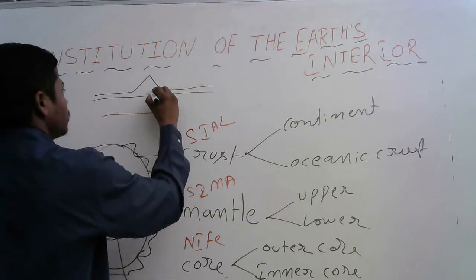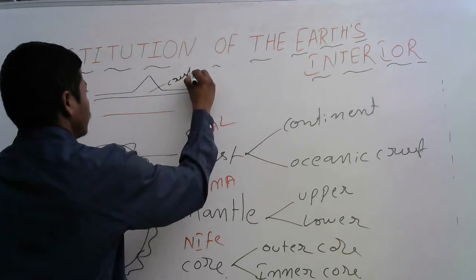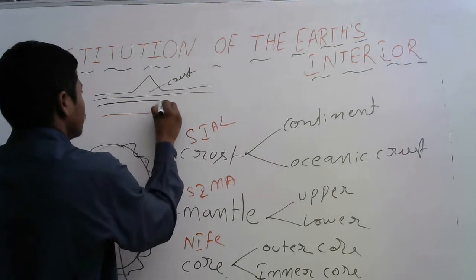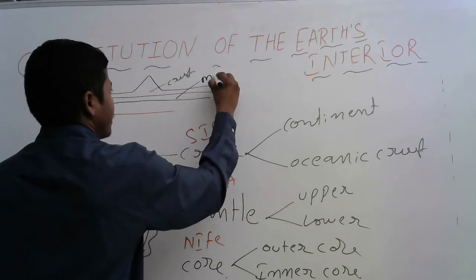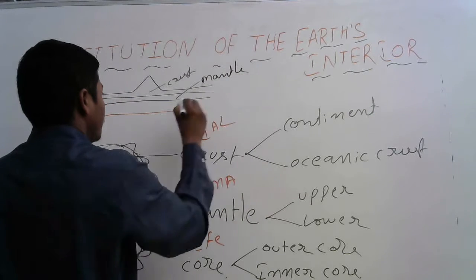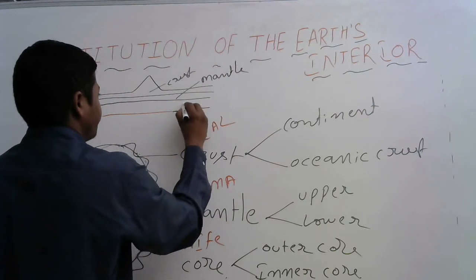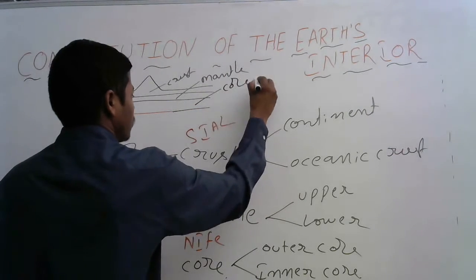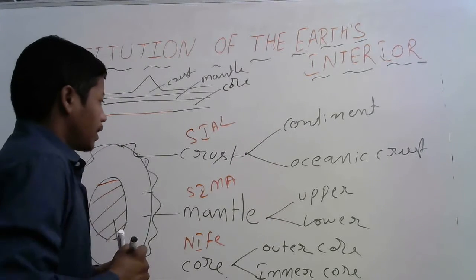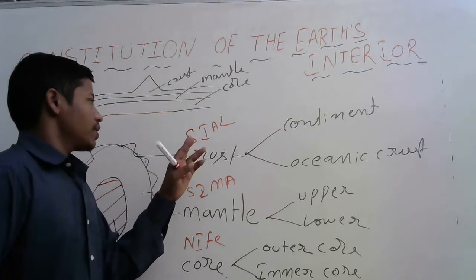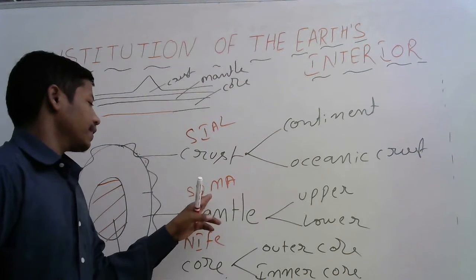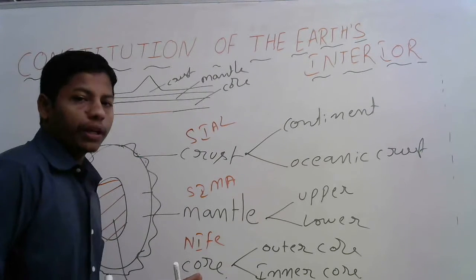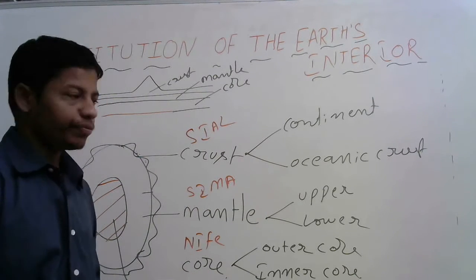This is the crust, mantle and the core. Crust contains silica and aluminum elements, mantle contains silica and magnesium, and the core contains nickel and ferrous.